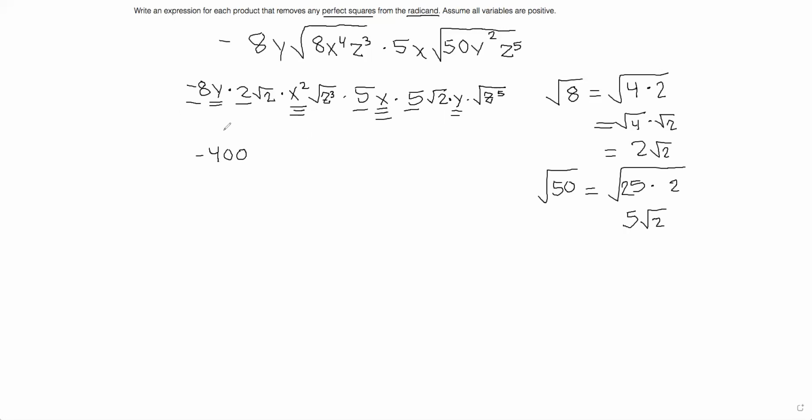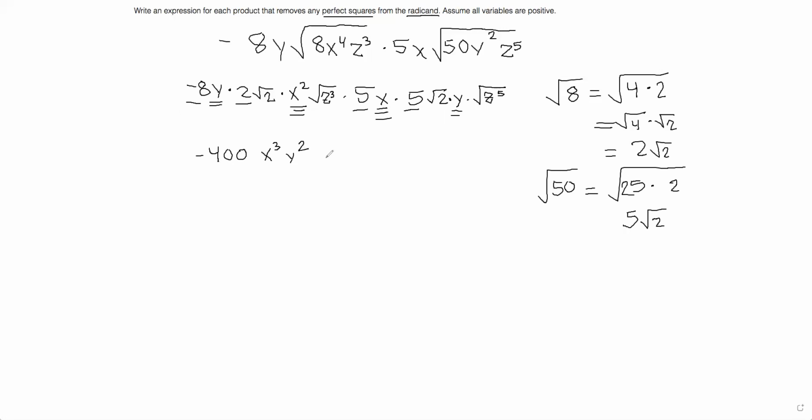So let's go ahead and multiply the x's together. So we have x to the 2nd power times x. We get a total product of x to the 3rd. And then we will focus on the y's. So we have y right here, and then we have another y right there. Y times y is just going to be y squared.